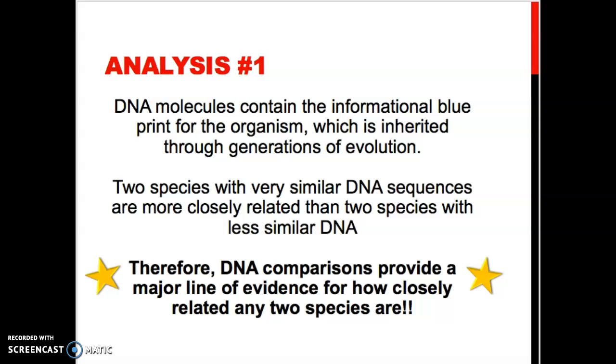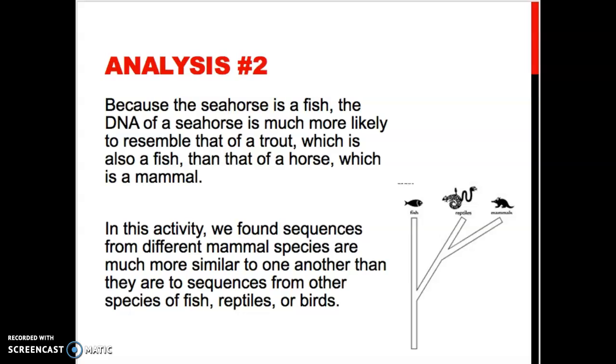And so what you should have said is that because the seahorse is a fish, the DNA of a seahorse is much more likely to resemble that of a trout, which is also a fish, than that of a horse, which is a mammal. Mammals would have more differences.